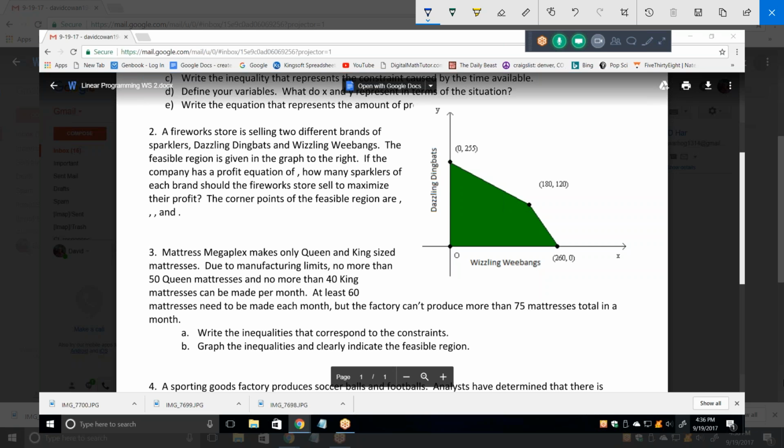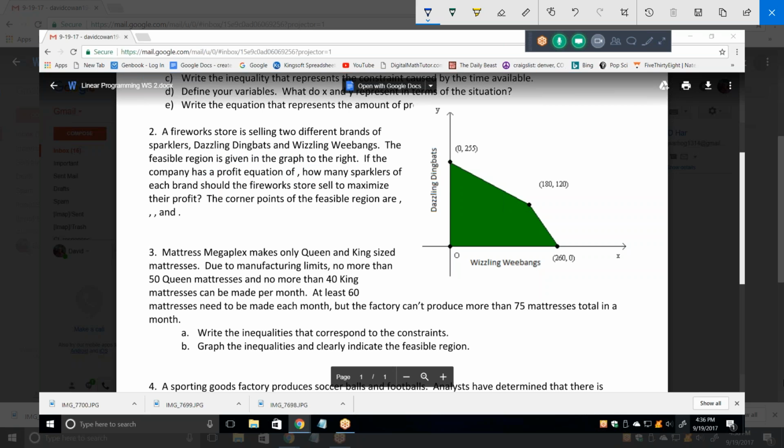And he gives us the corner points over here on the right, but notice what's missing. He does not give us the profit equation. It says the profit equation of, and then he leaves it blank. I don't know why it did that for you. It shows it for me here on this paper. Fantastic. Tell me what it is.